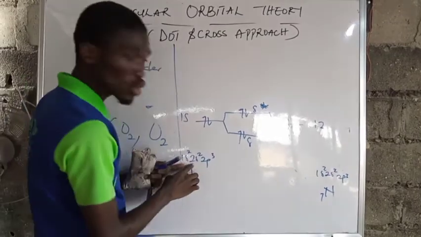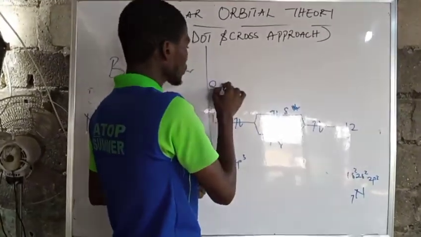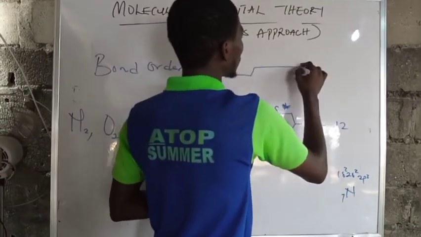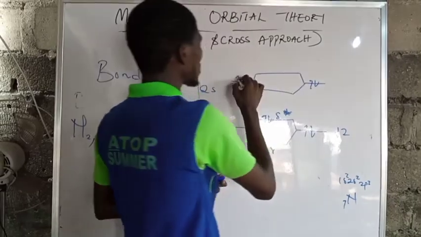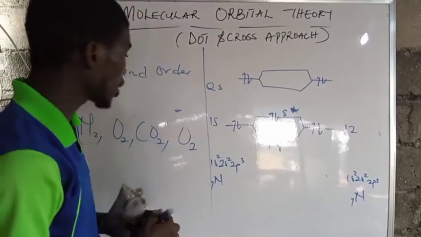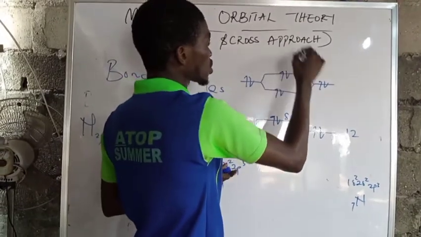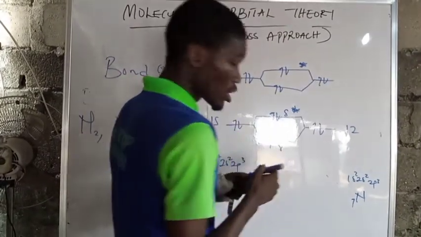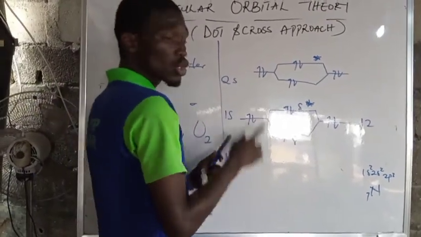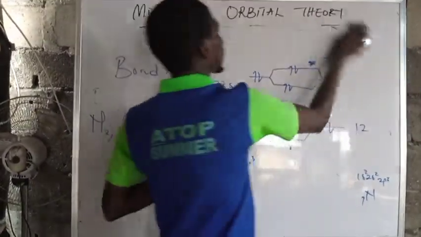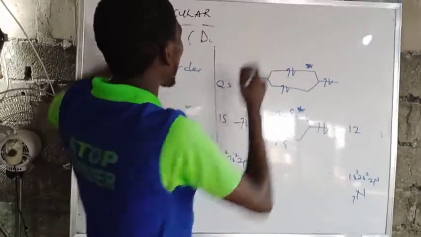So the next one is 2s2 for the 2 nitrogen. I have this, I also have this. Mind you, for 2s2 we have 2. So 1, 2, 1, 2, and here is our bonding, anti-bonding orbital. So the last one is 2p3, which we are going to have both the sigma bond and the pi bond.